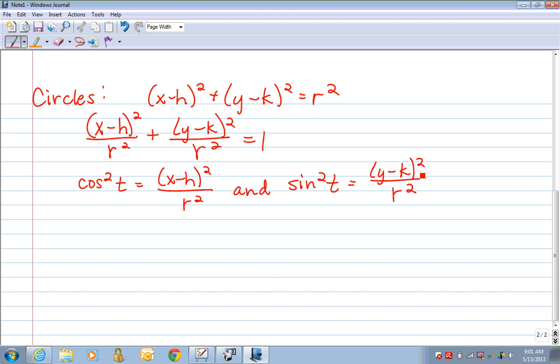So if I solve for x and y, it yields a parametric equation.